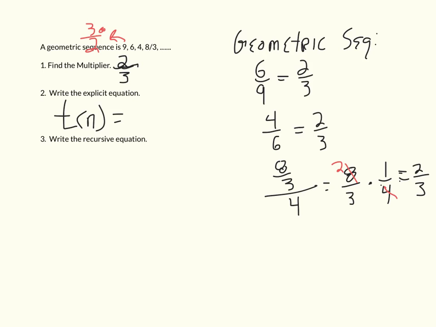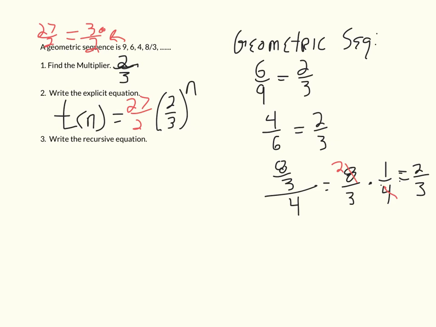So 9 times 3/2 gives me 27/2 as the zeroth term, times my common multiplier of 2/3 raised to the nth power.